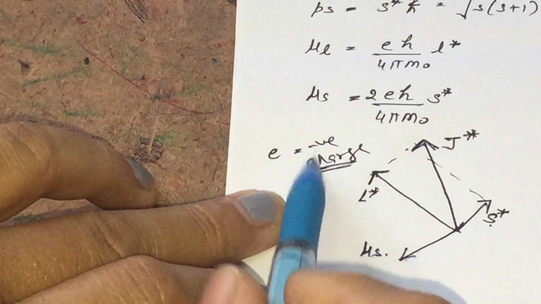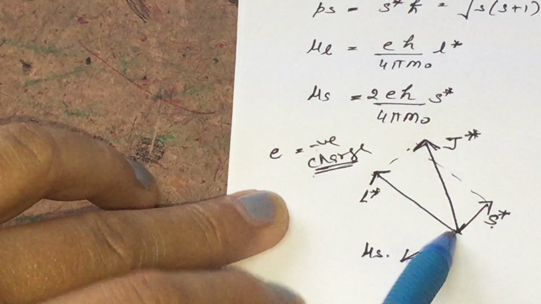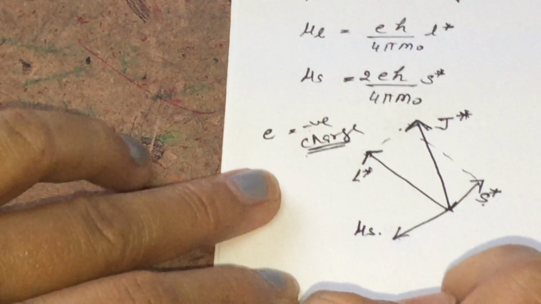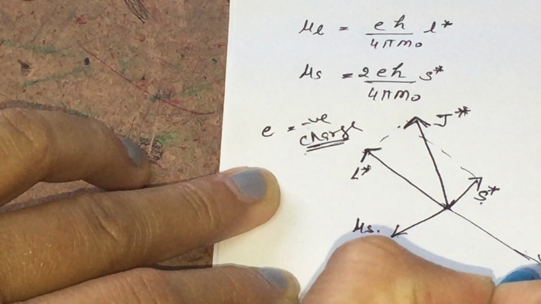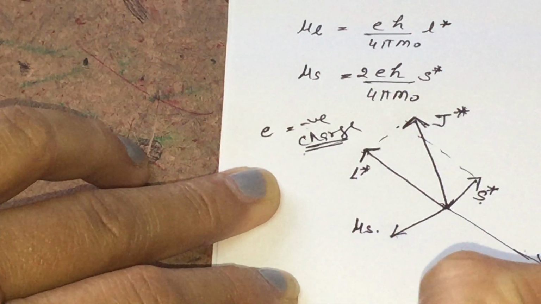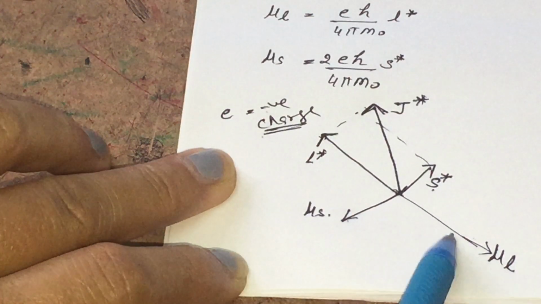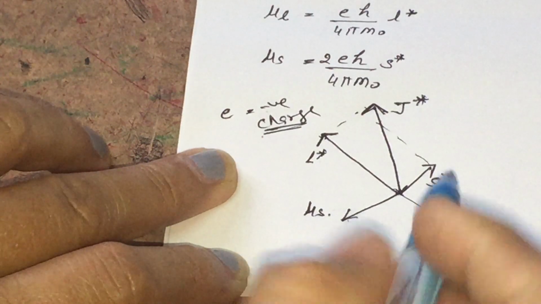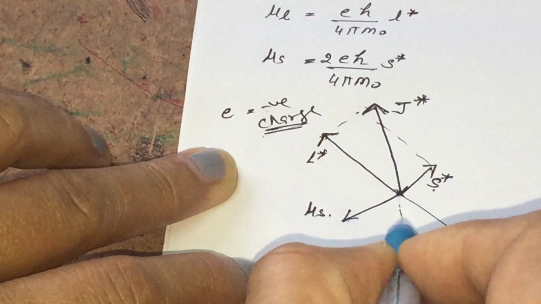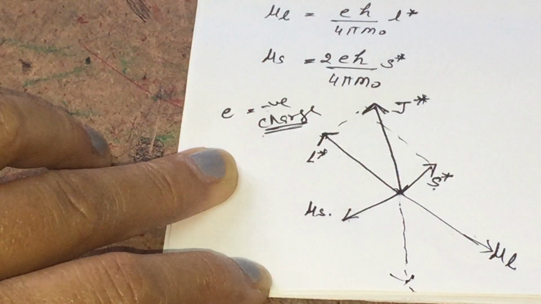Similarly, due to this negative charge, for the orbital motion of the electron we have an orbital magnetic momentum, represented by mu L, and these two quantities are not equal, so we are not getting the resultant in the opposite direction of J star.